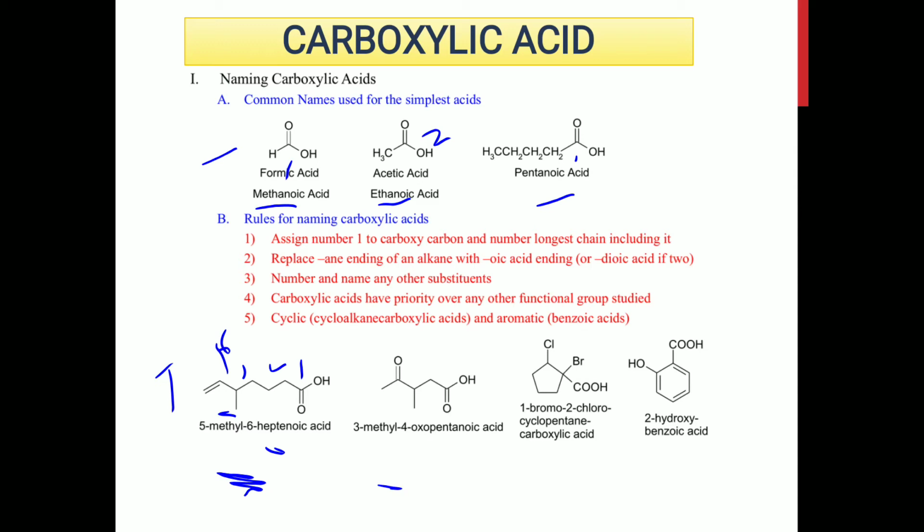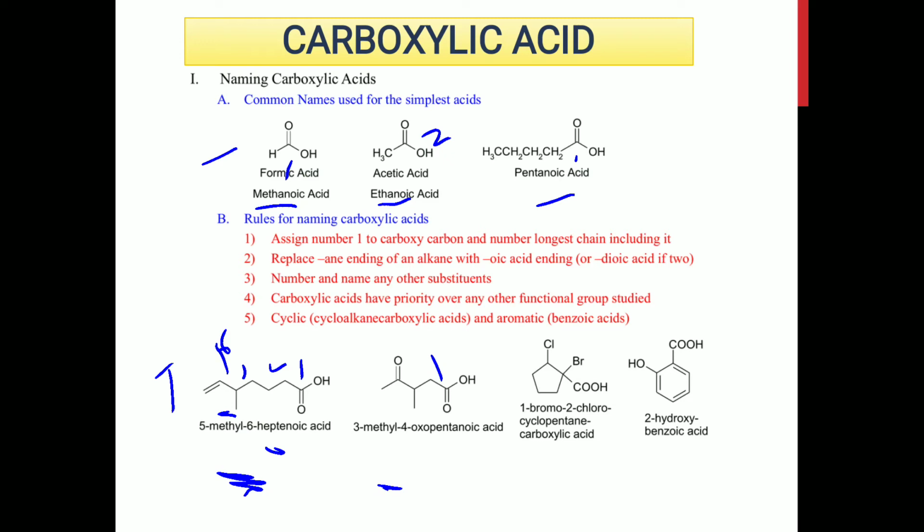Then moving to the second one, here we have 1, 2, 3, 4 and 5, so 5 carbons are present, and we started numbering from the COOH group. For these 5 carbons the parent alkane is pentane, and with the carboxylic acid group it becomes pentanoic acid, with the carboxylic acid at the first position.